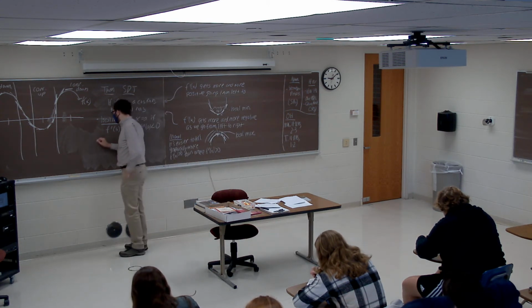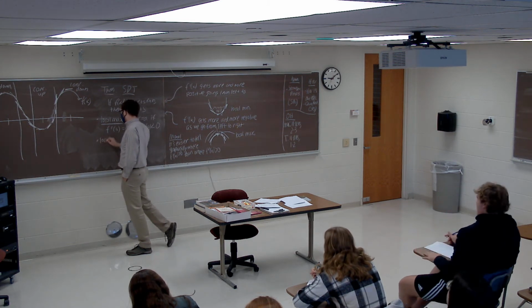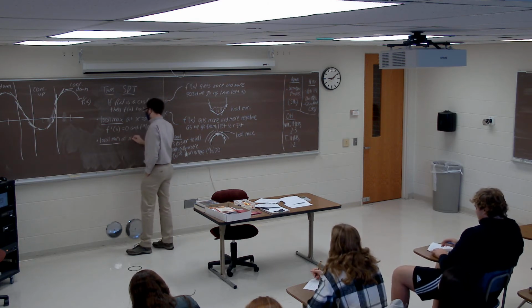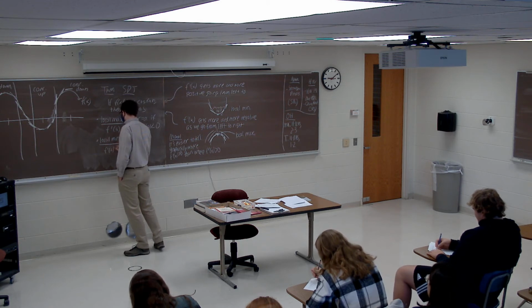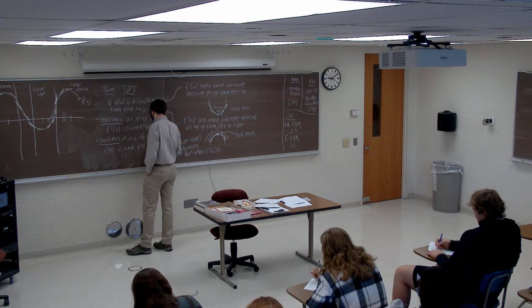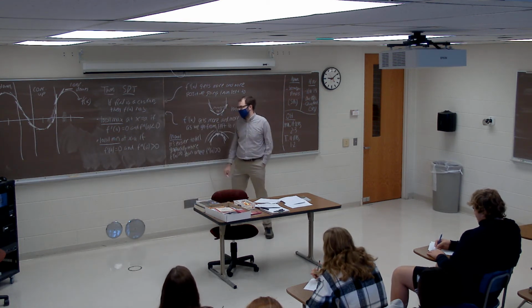And similarly, we could say that f of x is going to have a local minimum at x equals a if f prime of a is 0 and f double prime of a turns out to be some positive number.